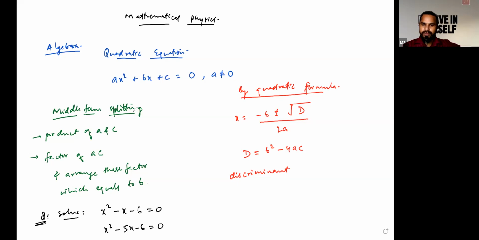If you remember this whole thing, you don't need to write, just start solving these two equations.